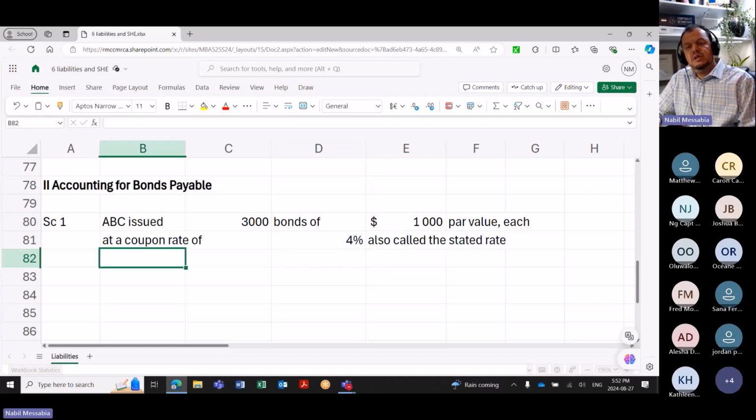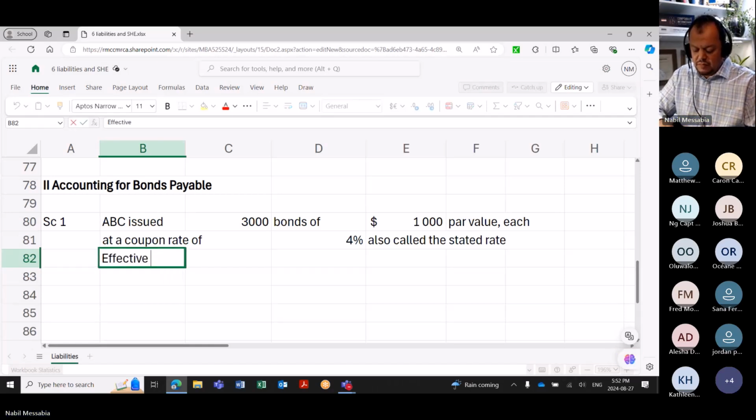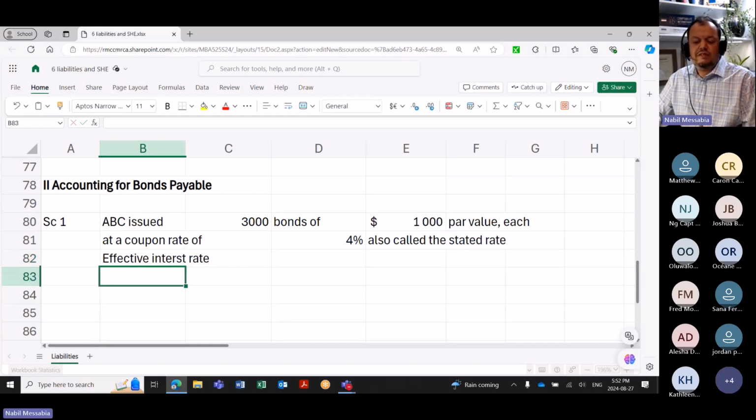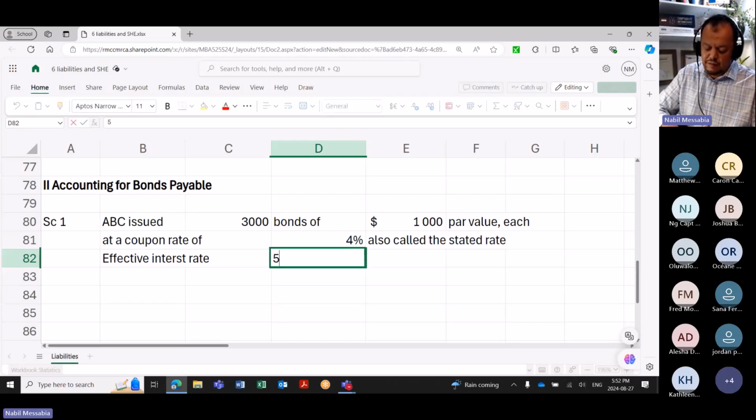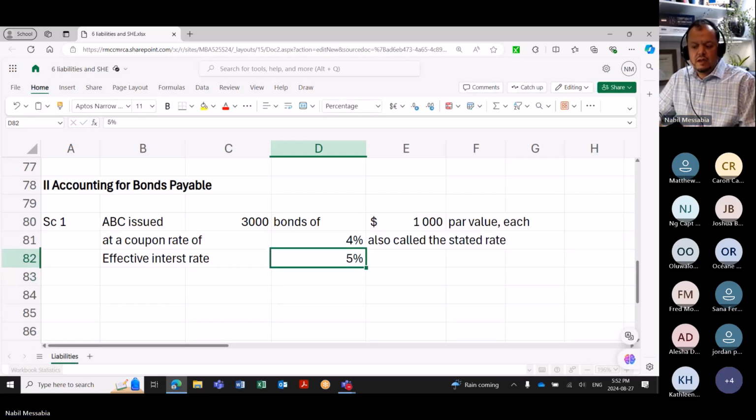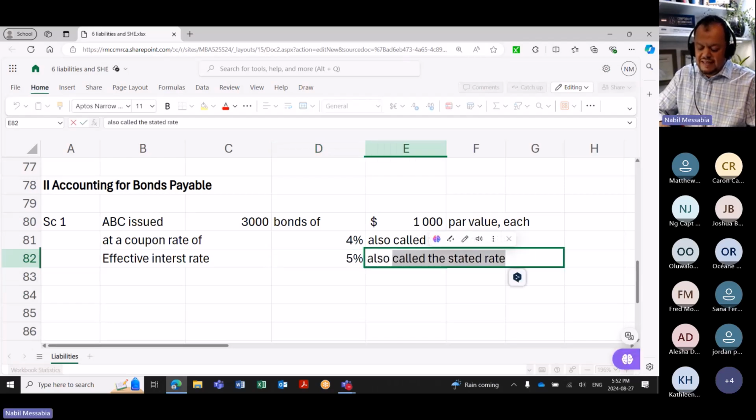But it should be compared to the effective interest rate. Let's presume that the effective interest rate at that day in the market was, let's say, 5%. Also called the yield rate or the market rate.